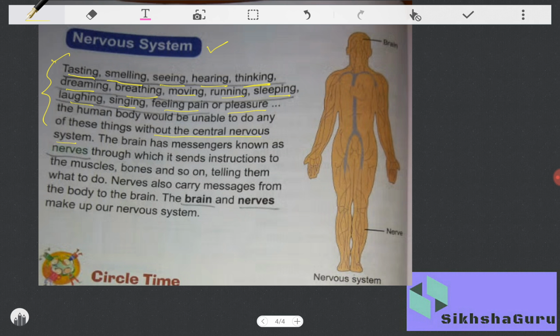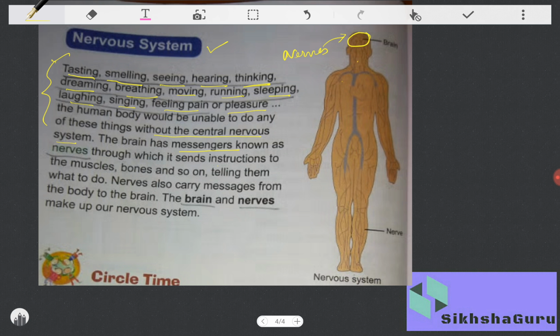Now, this brain has messengers. They are known as the nerves, through which it sends instructions to the muscles. These are the nerves.